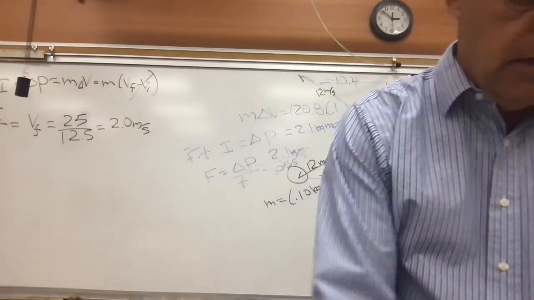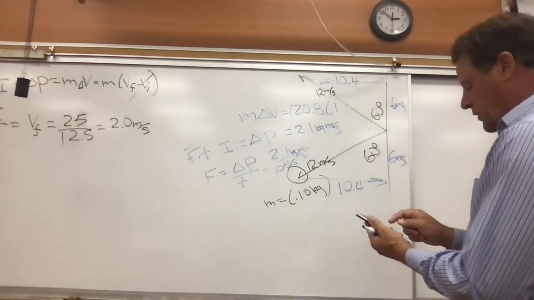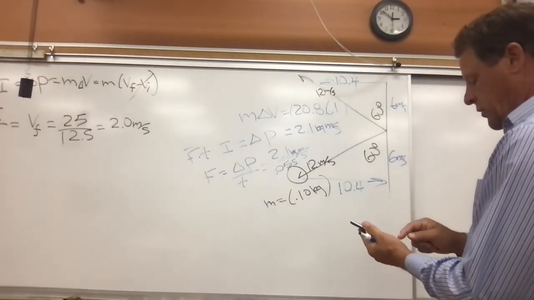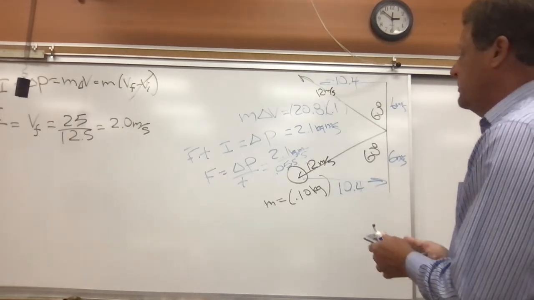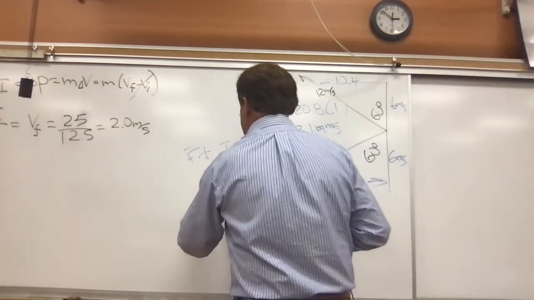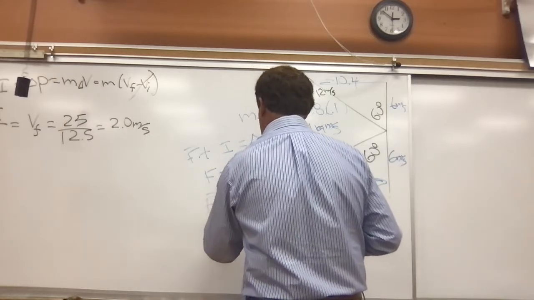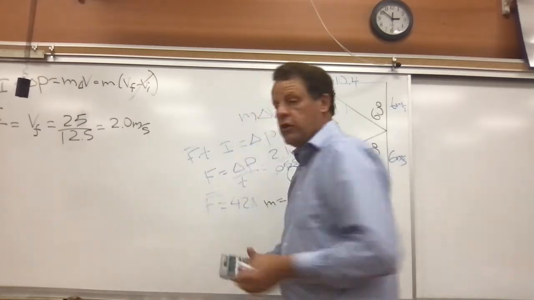And let's get this, 2.1 divided by 0.05, and that's going to be 42. So our average force is 42 newtons.